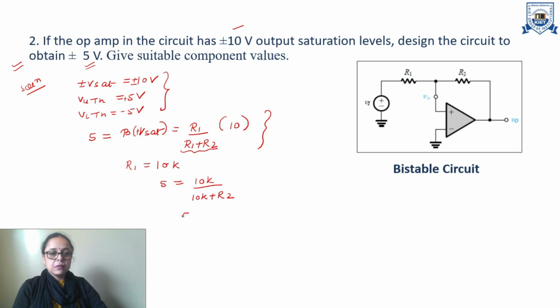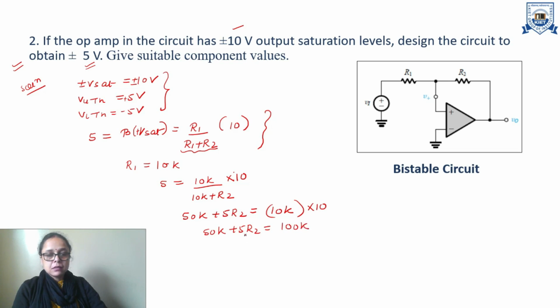So this will be 50k plus 5R2 equals 10k, and here we also have the multiplication factor of 10. So 50k plus 5R2 equals 100k, and shifting to the right-hand side, it is 50k.